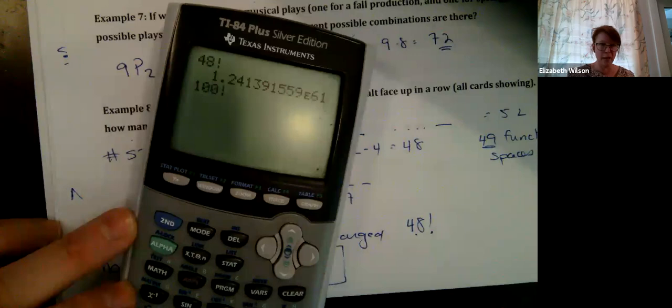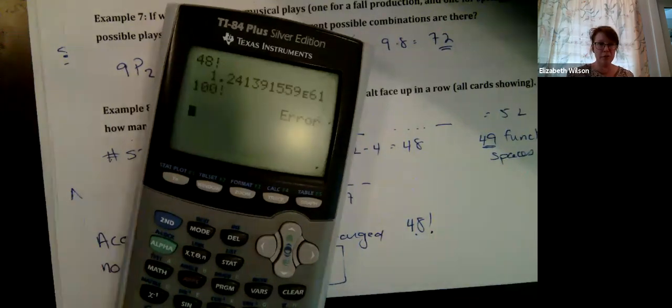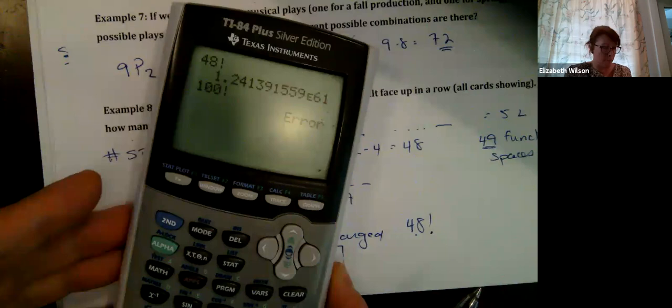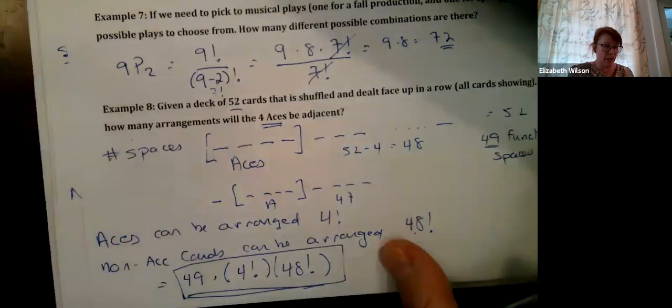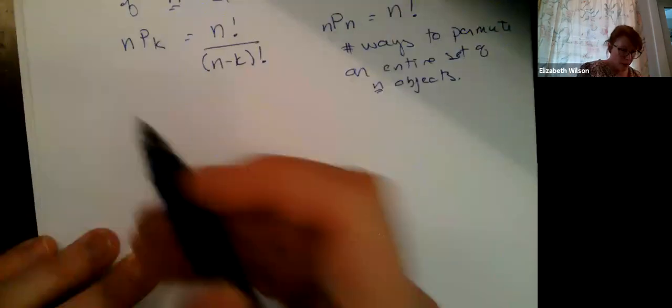Oops, it can't handle 100 factorial. It's too big. Somewhere between 48 and 100 factorial, my calculator runs out of memory and can't handle it. So we need a way to estimate factorials of really large numbers. We're going to come up with an approximation.